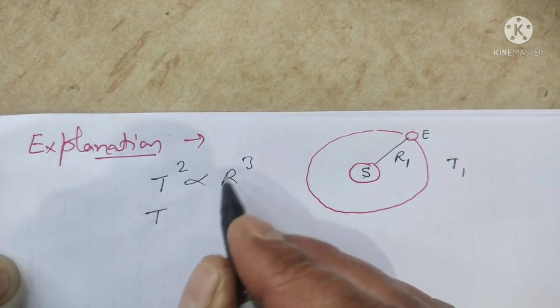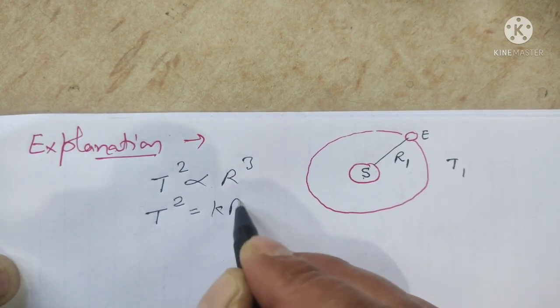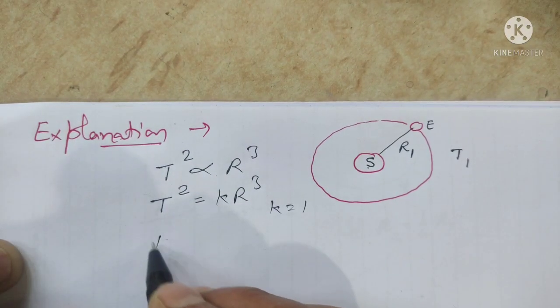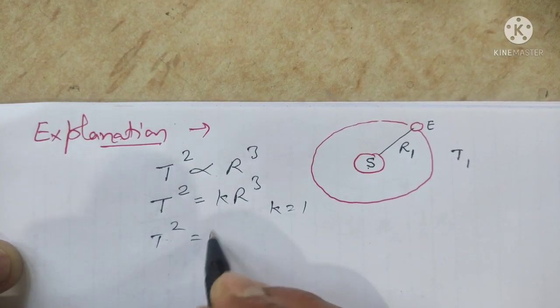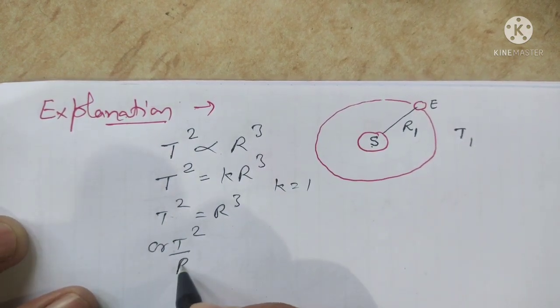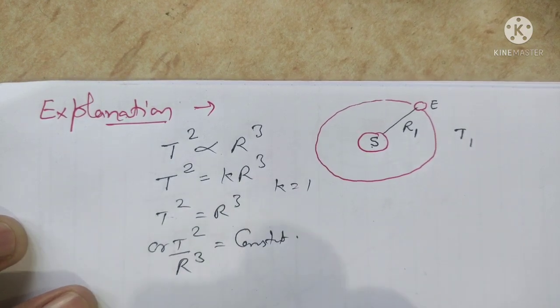To remove this proportionality, we take a constant, that is t square equal to k r cube. If k is equal to 1, then t square equal to r cube, or t square over r cube equal to constant.